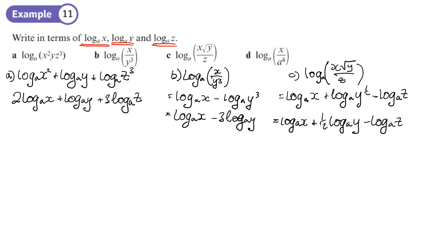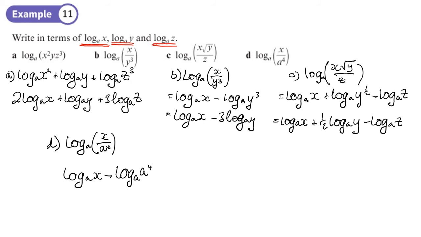Like that. And the last one, D, which is log to the base A of x over A to the power 4. So that's log to the base A of x minus log to the base A of A to the power 4.